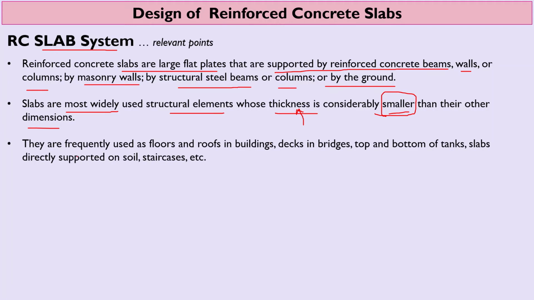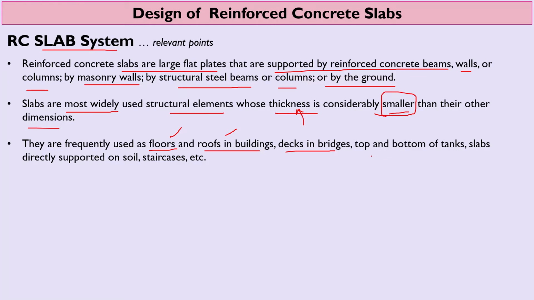Now they are frequently used as floors and roofs in case of buildings. So a floor is one type of slab, and a roof is another type of slab, you can say. So they are termed as slab. Decks in bridges also come under the definition of the slab.